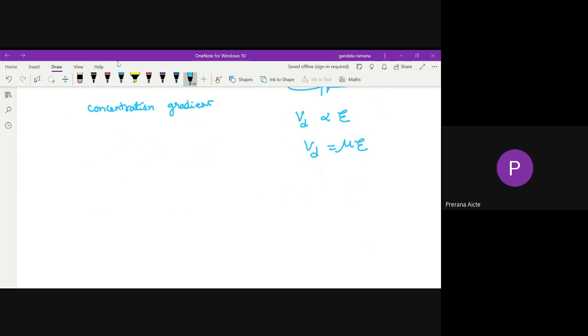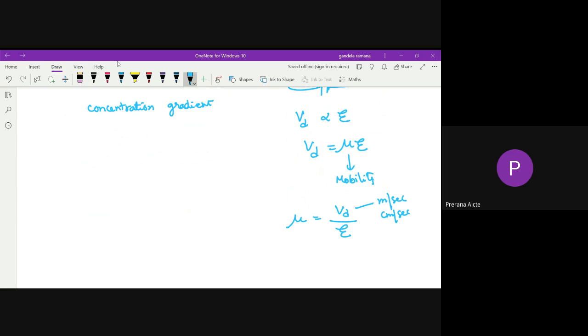Here mu is the mobility, so mu is equal to drift velocity by E. Drift velocity is in meter per second or centimeter per second.